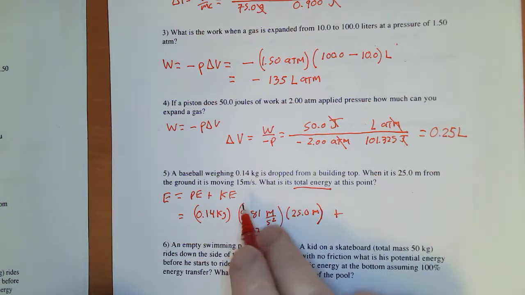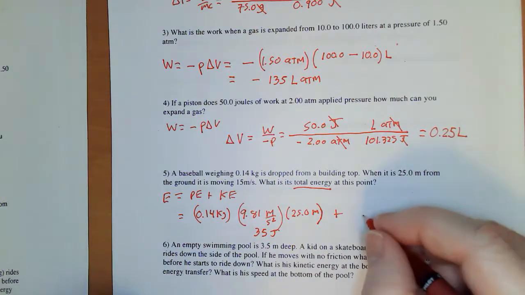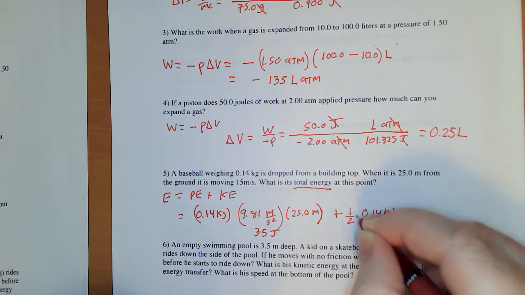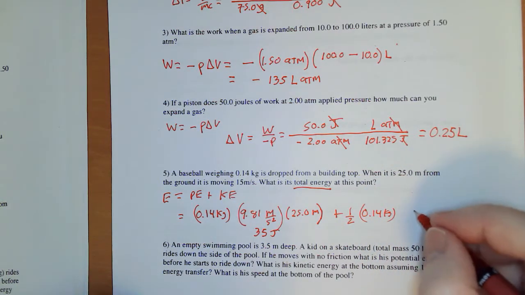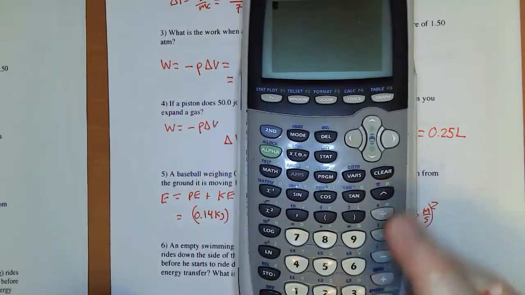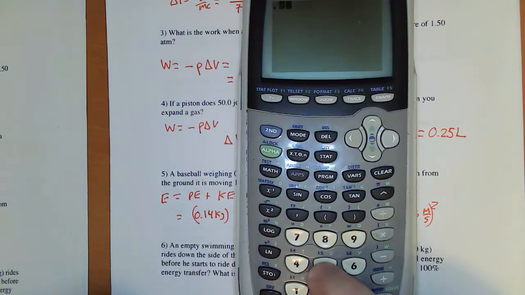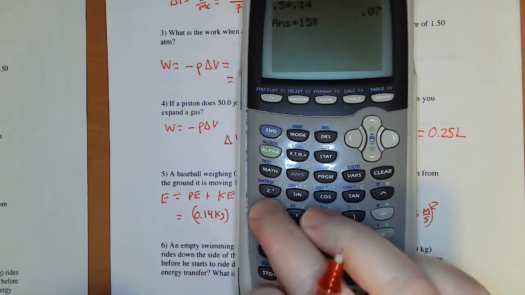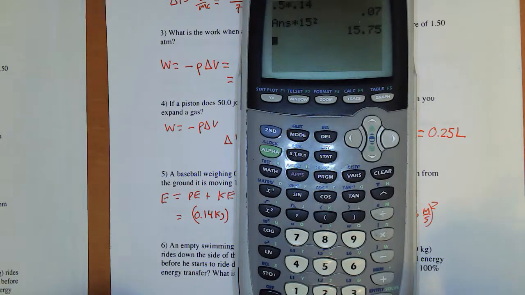Plus the kinetic energy, which is 1/2 mv squared. So plus 1/2, 0.14 kilograms times a velocity of 15 meters per second, which is going to be squared, and that is going to equal 0.5 times 0.14 times 15 squared, 15.74.